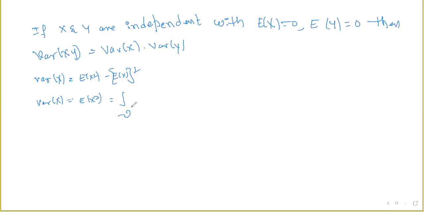This is equal to the integral from minus theta to theta of x square f of x dx.